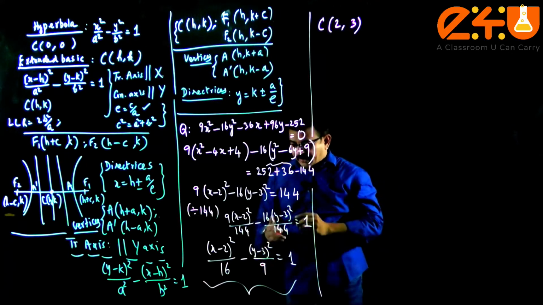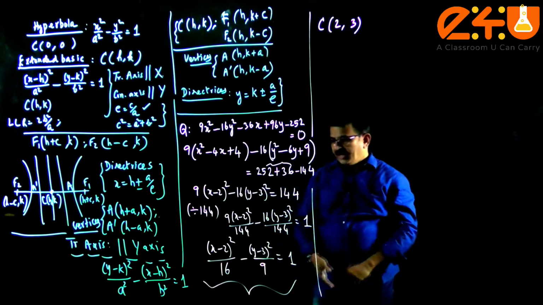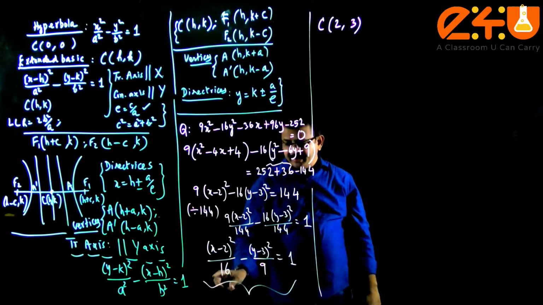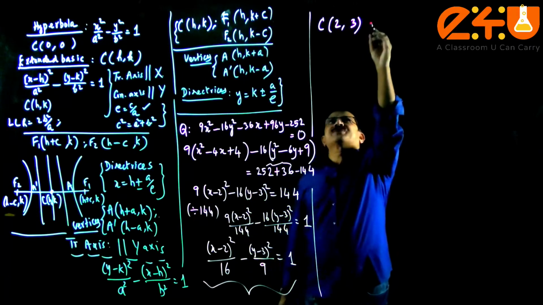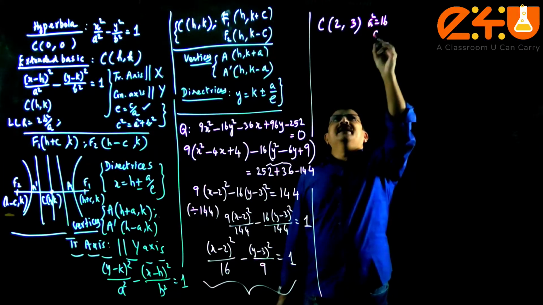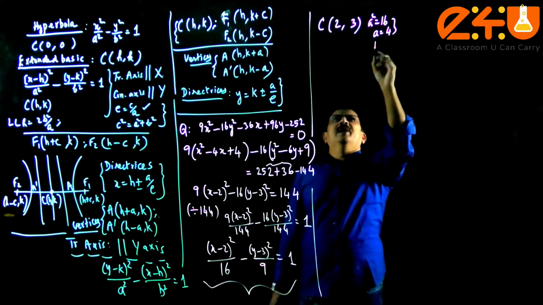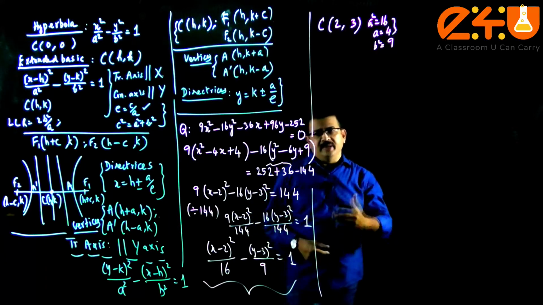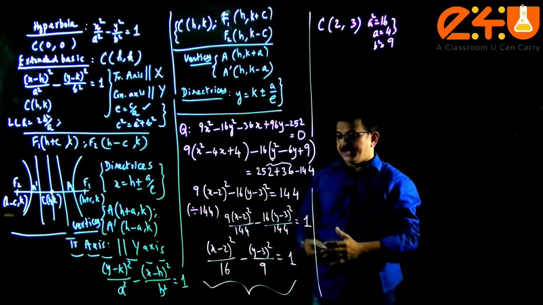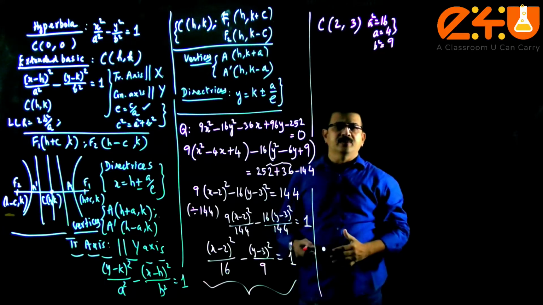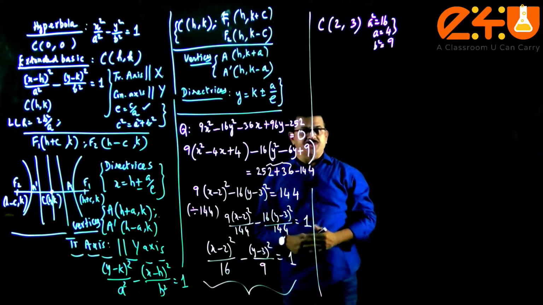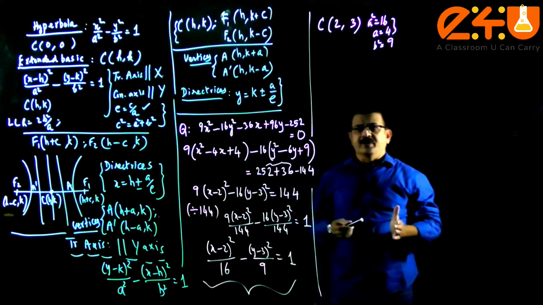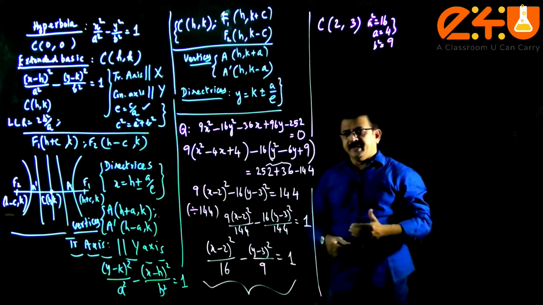And you can see the orientation of the hyperbola. The (x minus 2) whole squared is the positive term, with 16 in the denominator, therefore a squared is 16 and a is 4, and b squared is 9. Unlike an ellipse, we cannot judge by the larger value by comparing magnitude, because in an ellipse we are sure the major axis is always larger than the minor axis.